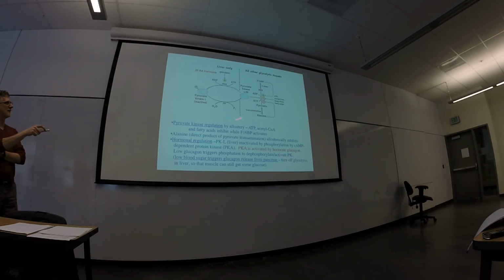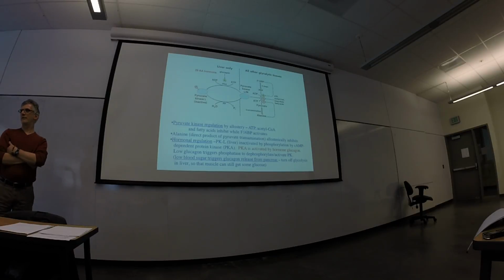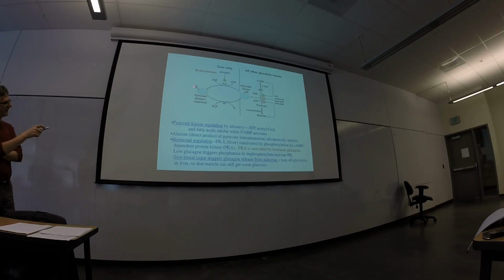That's not really depicted on here, but PP means protein phosphatase. Right? So that's a way of taking the phosphate back off. Right? So, and then if glucagon is in a low concentration, meaning you don't have a low blood sugar situation.